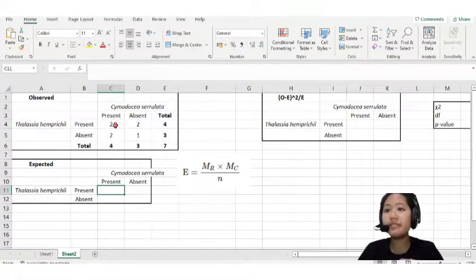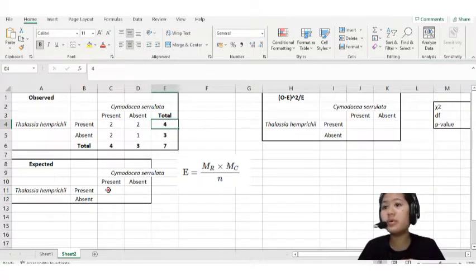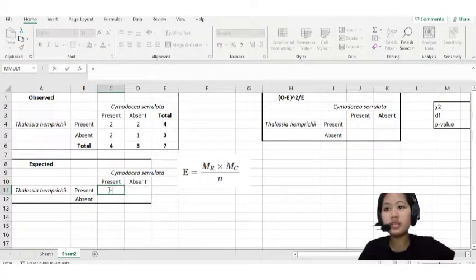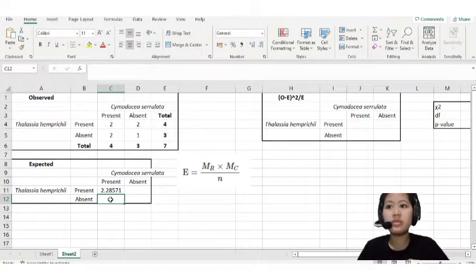We focus on this one: row marginal, highlight row marginal times its column marginal, divided by the total sum, which is 2.2857.